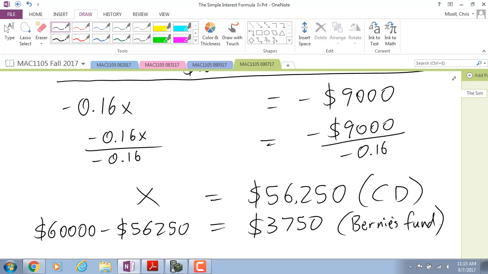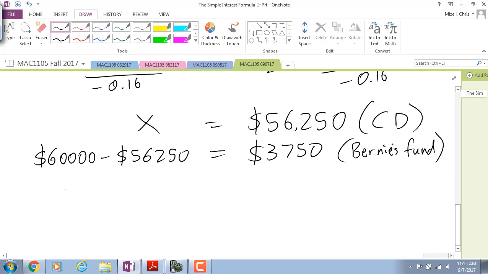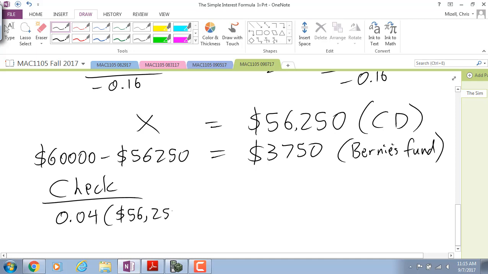Let's calculate the amount of interest that she would earn if she invests $56,250 in a CD that pays 4%. So for a check here, what is 0.04 times $56,250?